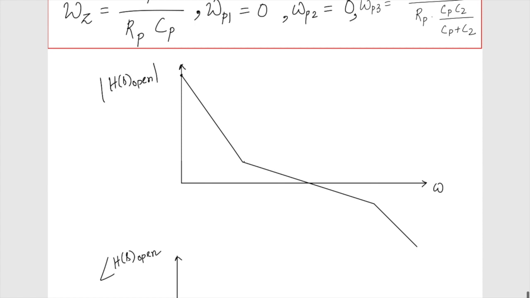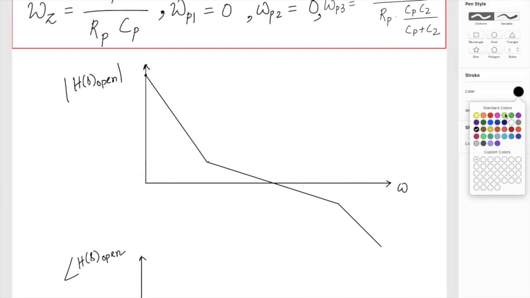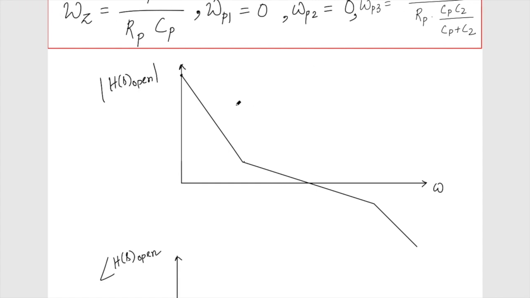Okay, so let's label it. So this is my minus 40 dB per decade. This is of course minus 20 dB per decade, and again this is rolling off by minus 40 dB per decade.